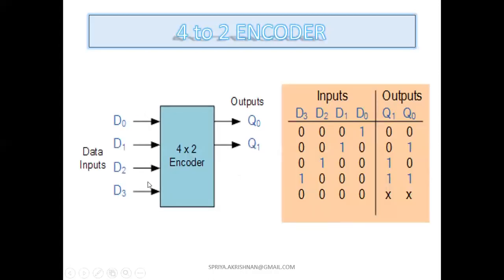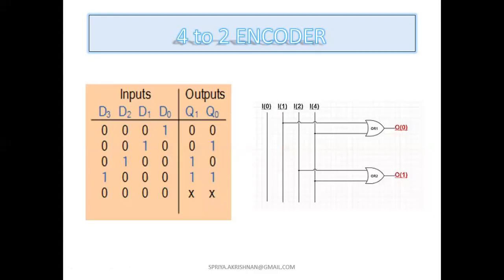Yes, 4 inputs and 2 outputs. So when the input is 0 0 0 1, the output is 0 0. Then when D1 is 1, the output is 0 1. So it grows like this. The truth table will be like this. This is the logic diagram. Simply take 4 inputs, connect, and then you will get the output. Shall we try with this?